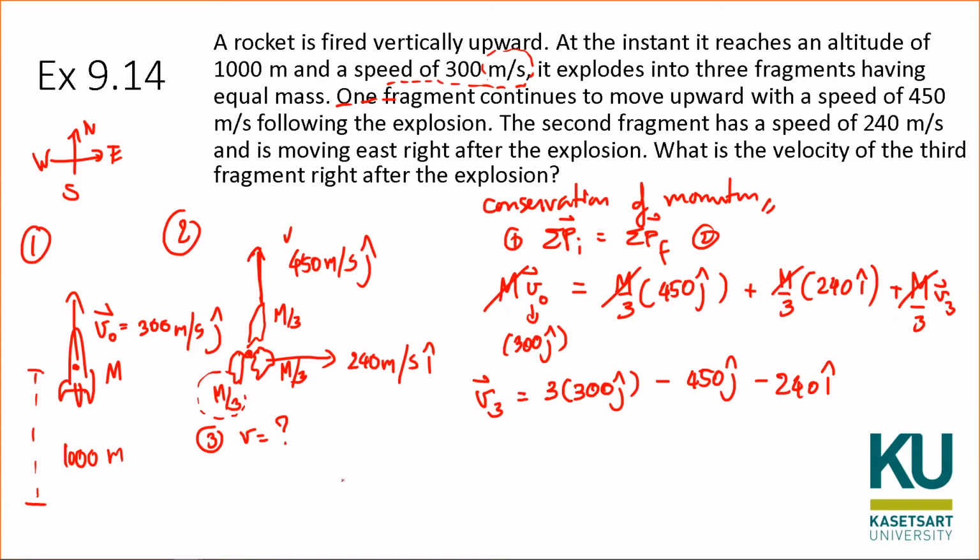So finally, you will find V3, the velocity of this part of the debris of the rocket, in vector form: minus 240 i plus 450 j, because this is 900, right? In meters per second.